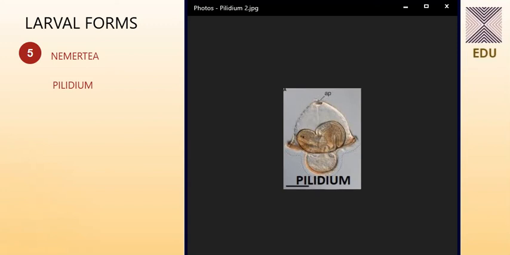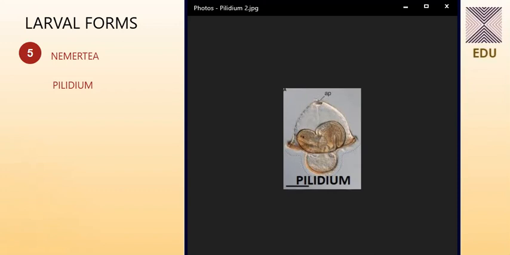One thing I want to mention here is the function of the larval epidermis. The larval epidermis, which is the outermost layer of the larval form, helps in feeding and the dispersal of the juvenile.